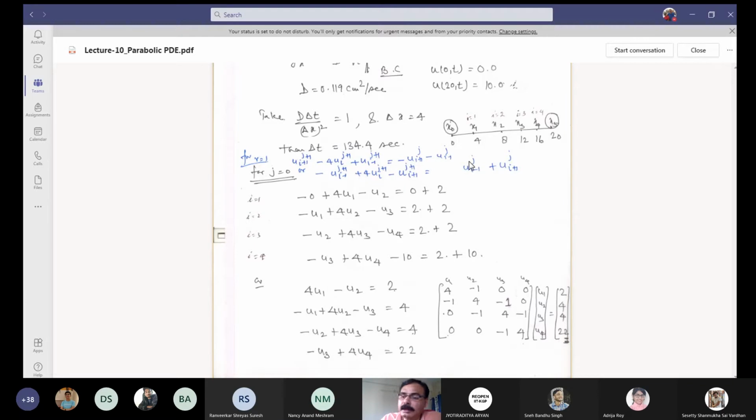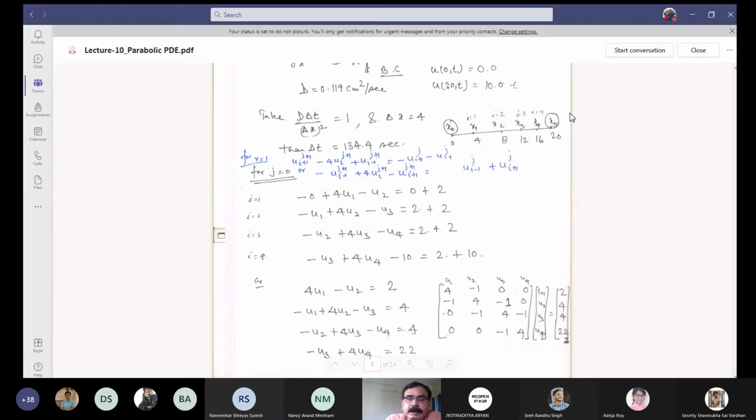Write down on your register, u0,0. What is u0,0? This is your u at the point x equal to 0 and t equal to 0. Is that right? Yes, sir. Now at x equal to 0, it's a boundary condition, so the value is 0.